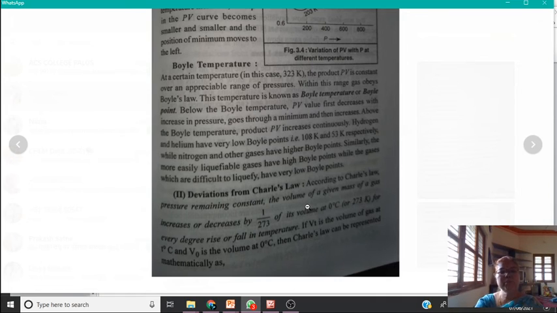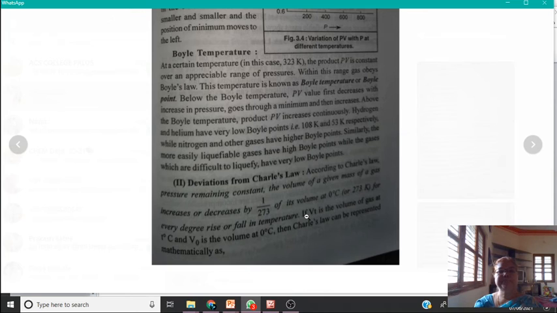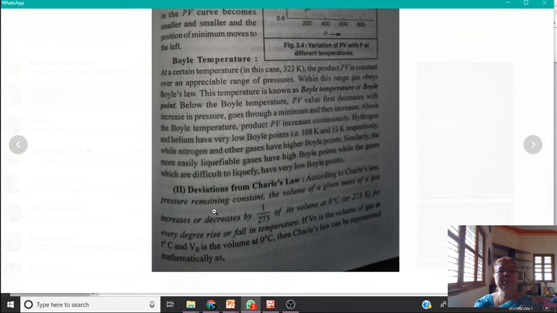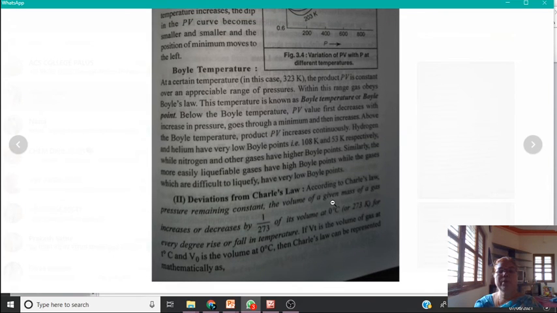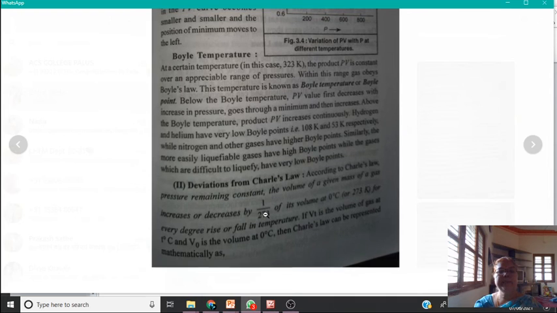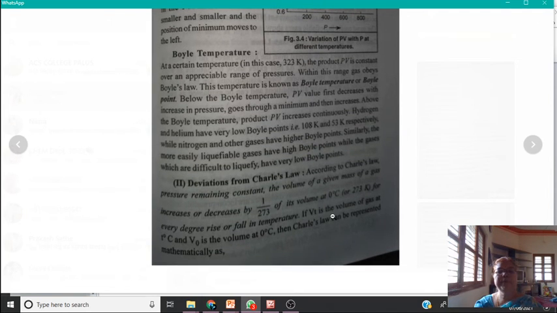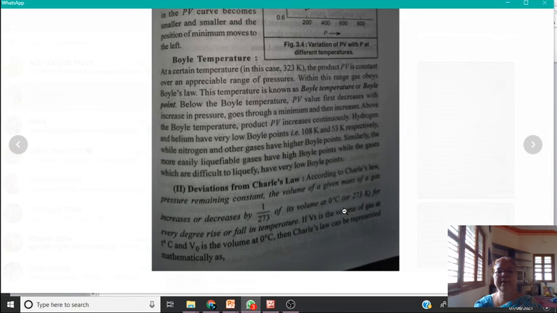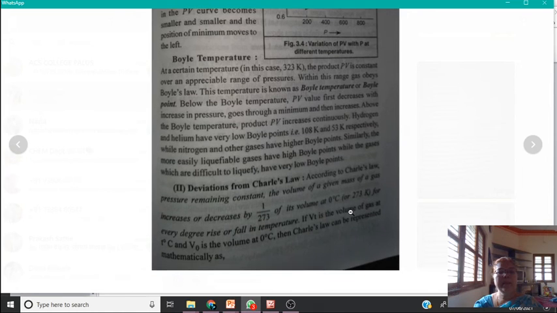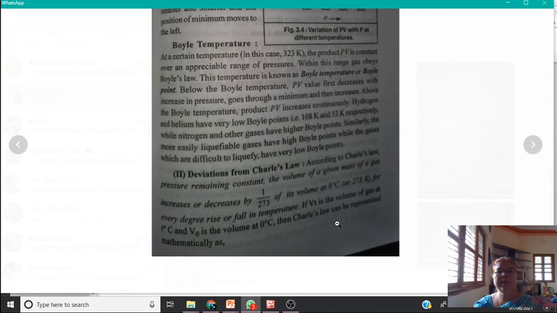Then we will see the deviations from Charles' law. According to Charles' law, the pressure remaining constant, the volume of a given mass of gas increases or decreases by 1 upon 273 of its volume at 0 degree centigrade, or 273 Kelvin, for every degree rise or fall in temperature.